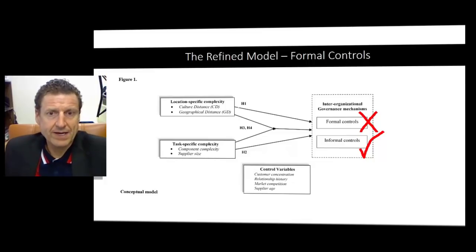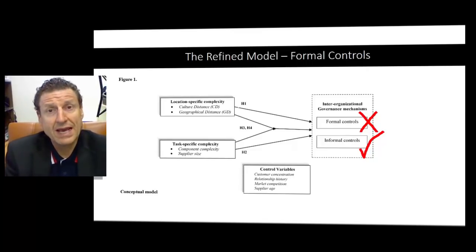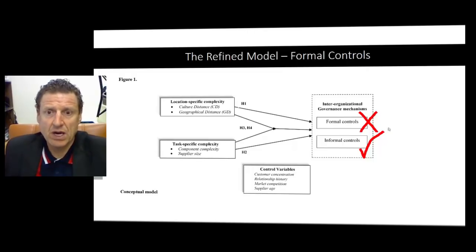And so what I've done now is start to think about formal controls and informal controls. And what we have learned from the earlier literature review and the tabulation of the previous literature is that a lot of focus has been on the informal controls, very little focus on formal controls. So that's a clear motivation for why we want to understand the use of formal controls.